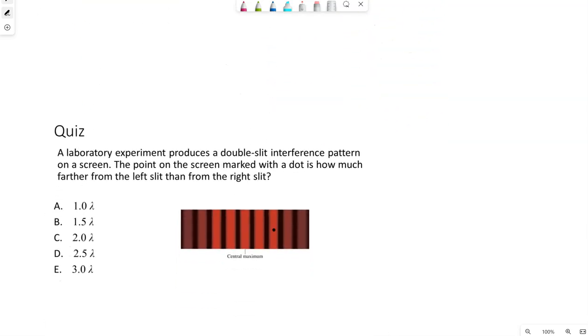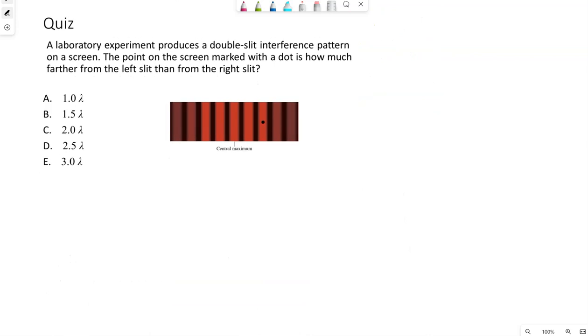Next question. Correct answer here is C.